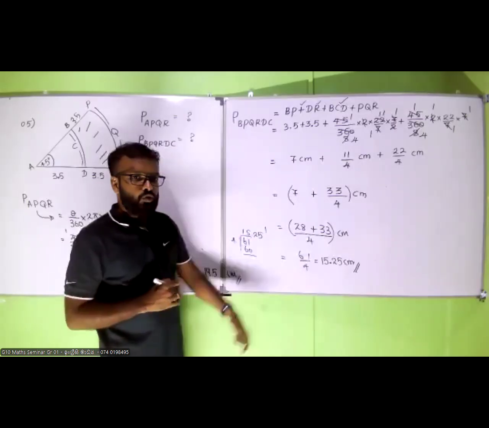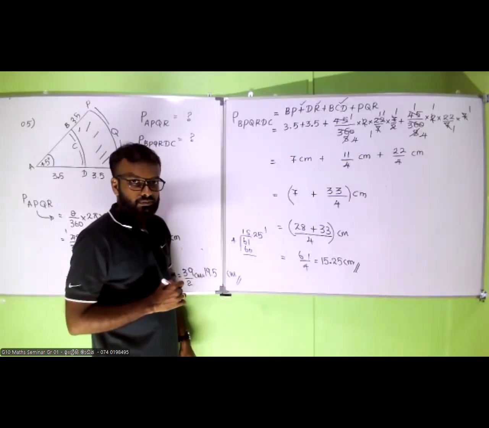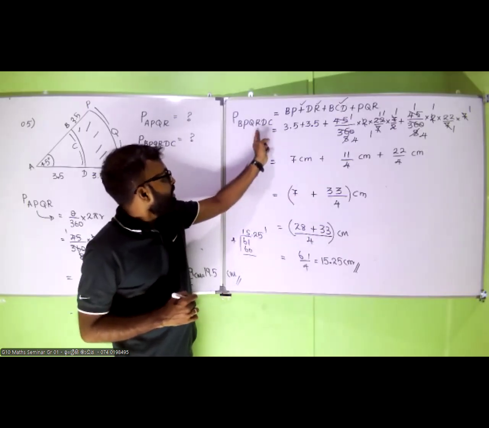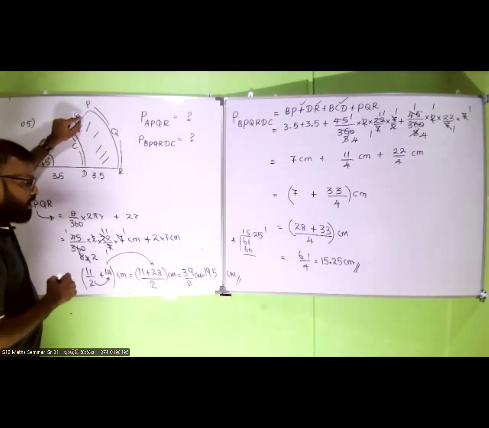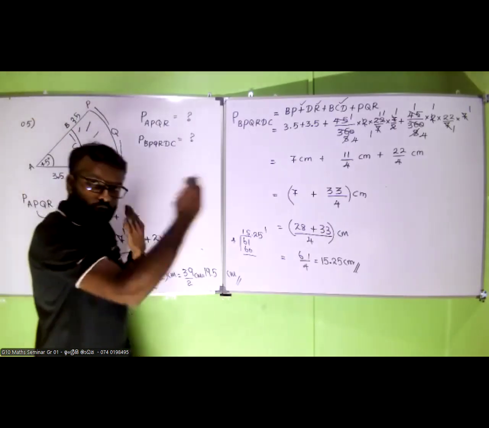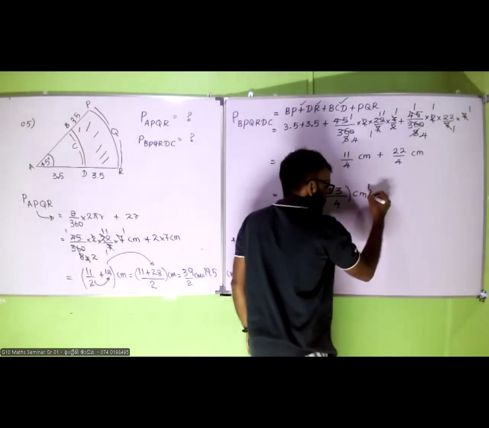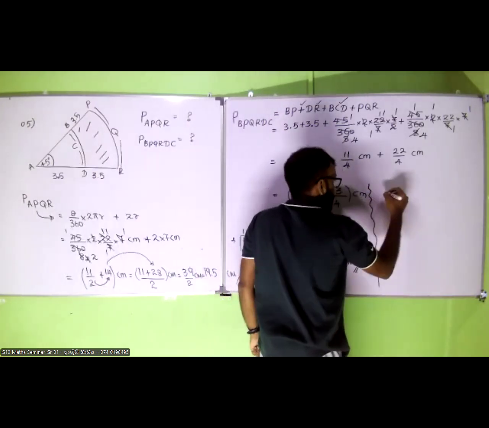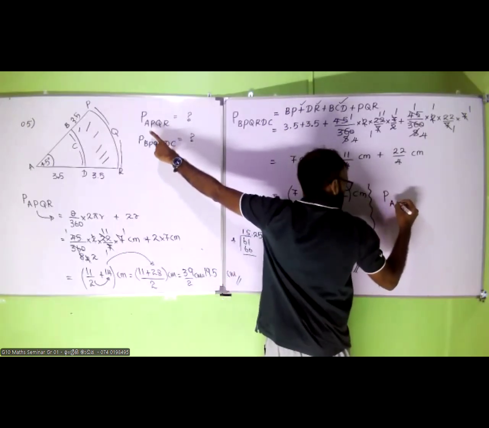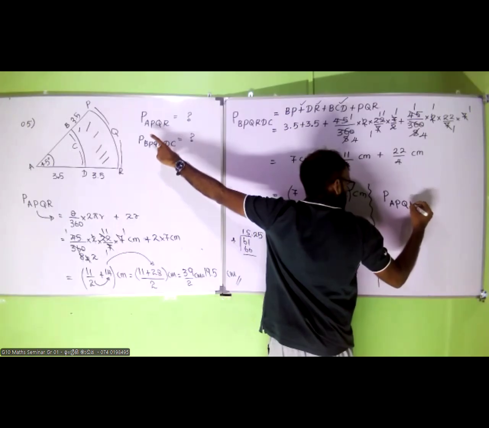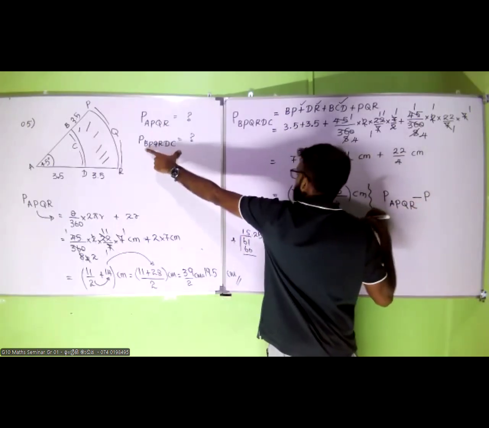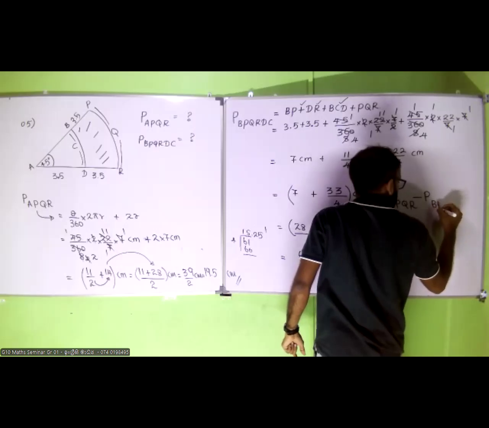Right? 15.25 centimeters. So now this is your BPQRDC, which is the shaded part, and this is the total sector. You have to get the subtraction. So I will do it here. Perimeter of APQR minus perimeter of this one, BPQRDC.